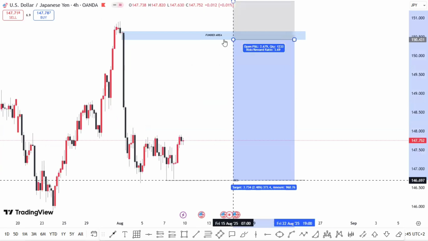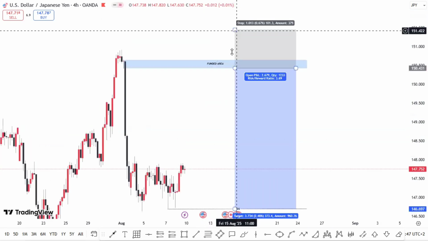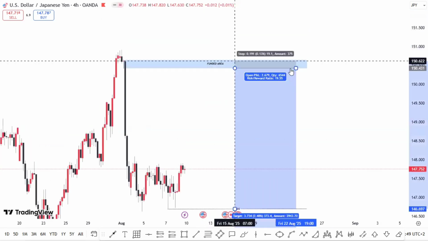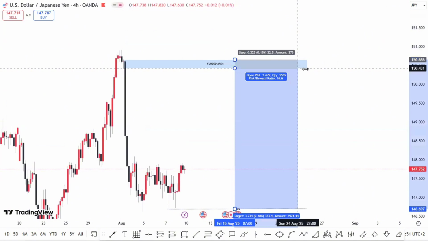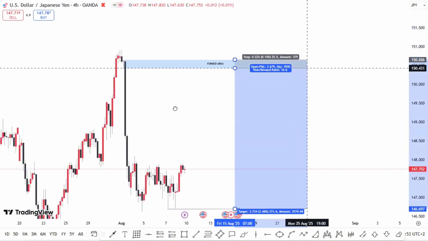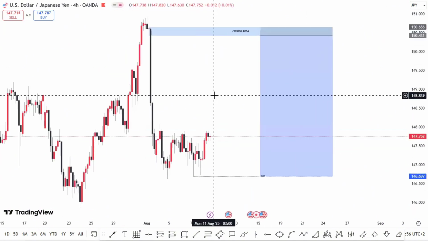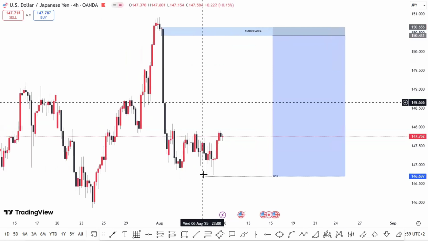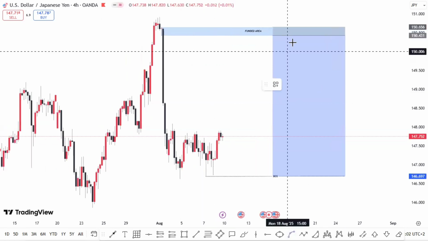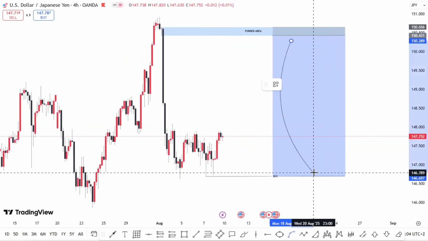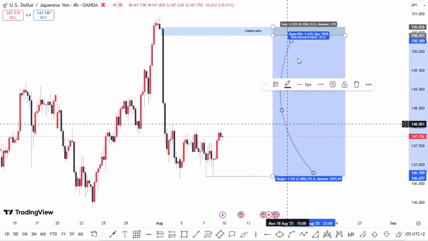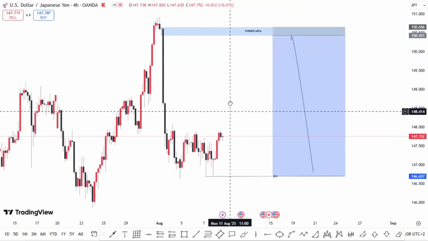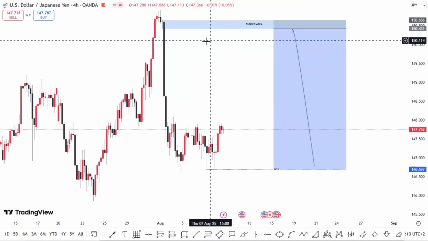Then you just wait for the market to bounce back to fill the gap, like what we have here. Market hasn't filled the gap yet, which might reverse to bounce back there to fill the gap that was left. Okay, so here, drop into this level, drop into this break of structure. That's what we are expecting from the setup.